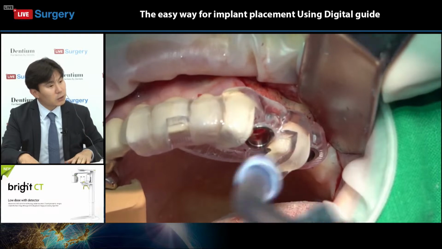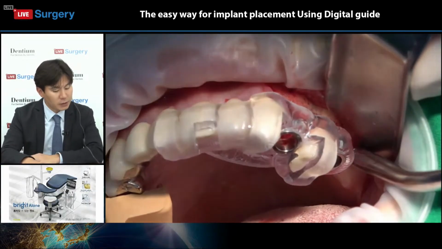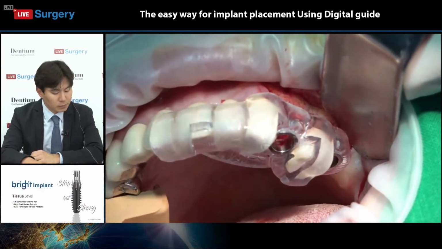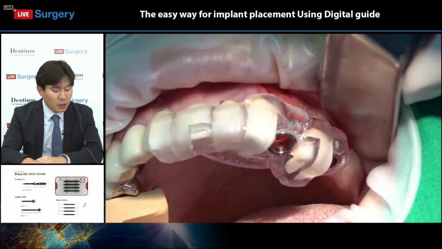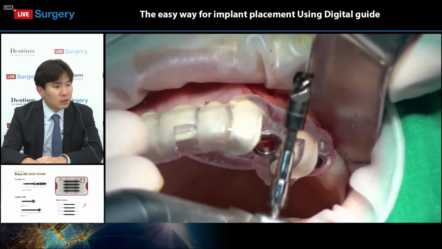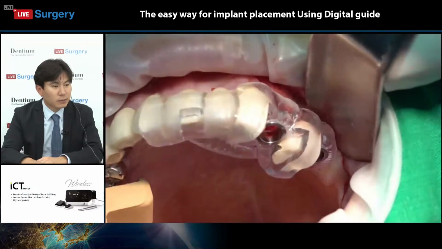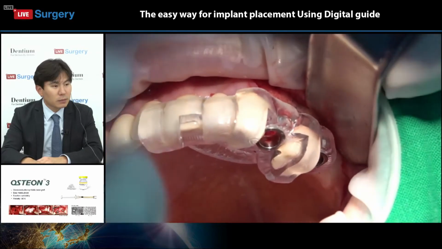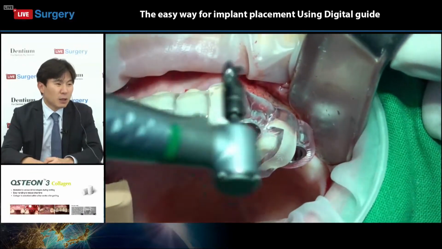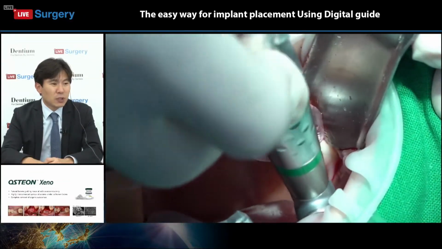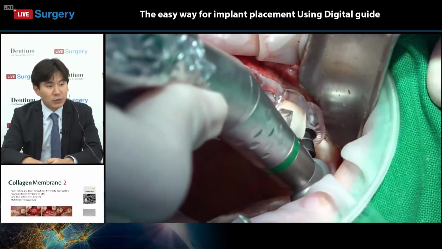And he rechecked the fitness of the guide. Depending on the mouth opening, it's sometimes hard to use a surgical guide, especially for the posterior segment. Especially for Asians, it's very difficult to use the digital guide for the very last tooth area.